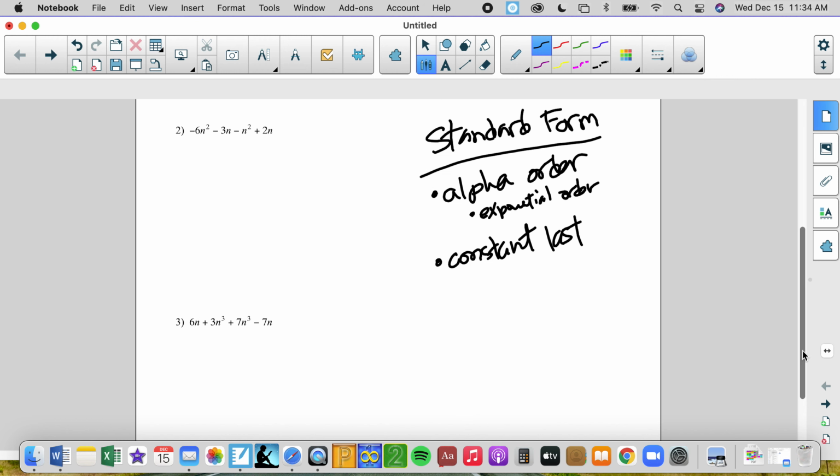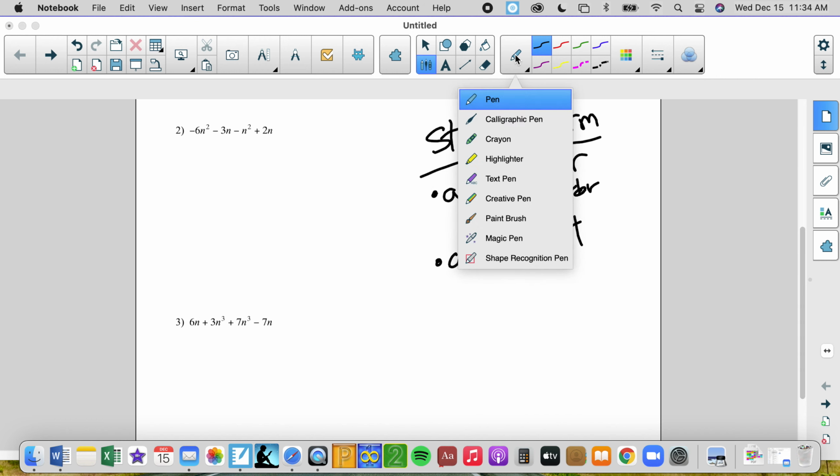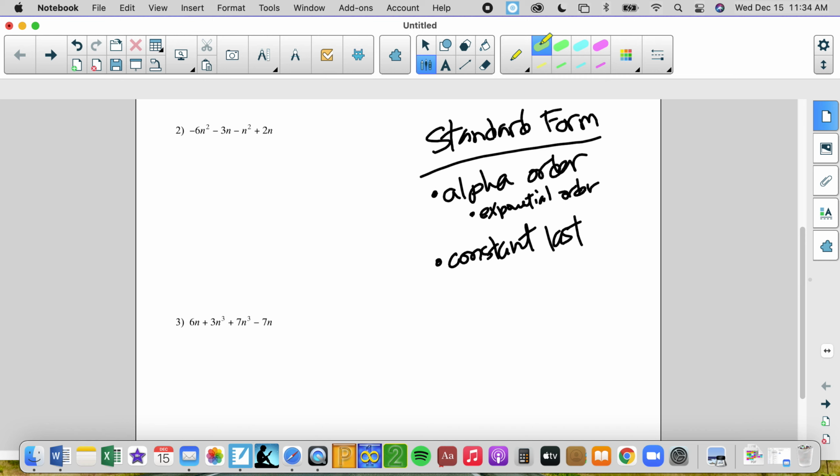So there's only one variable, so that's going to come first here, and then our constant, -9. So when we have number 2 here, let's look at the like terms. We have n to the second. Oh, we have another n to the second here. We have n to the first and n to the first. So we're going to combine these coefficients. So we have -6n squared minus n squared, and then we have -3n and +2n.